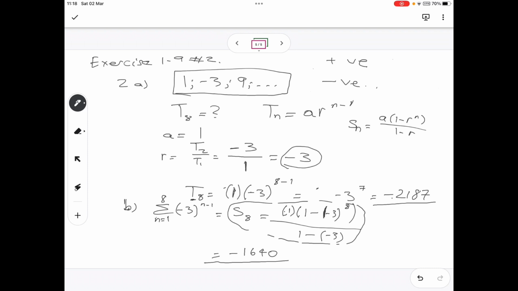The 8th term is -2,187. So if you're going to add all of those numbers, 1, -3, +9, -27, +81, -243, and you do that all the way 8 times, you'll get a smaller number than some of the terms in those 8 terms.